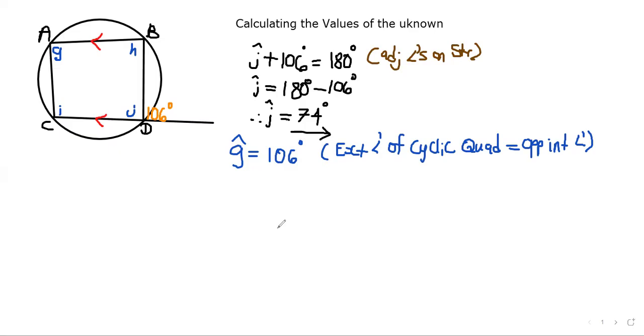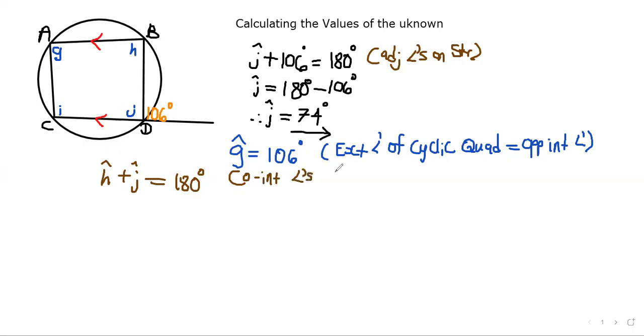You can now solve angle H. So I'm just going to say angle H plus angle J is equal to 180 degrees. The reason I'm saying angle H plus angle J is equal to 180 degrees is that co-interior angles are supplementary.